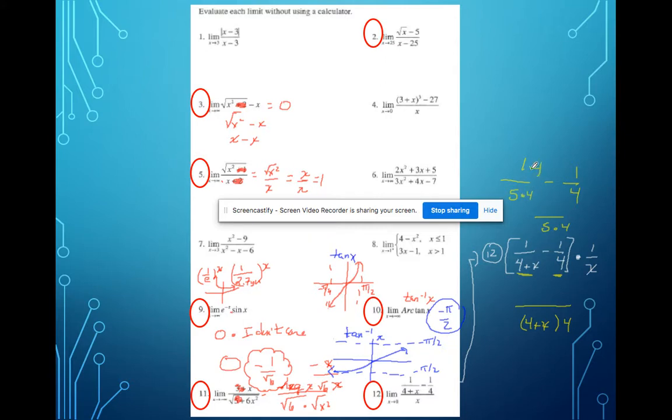Now I have to multiply the numerator. I need to multiply this numerator by 4. Well, 1 times 4 is 4, and just like over here, you would multiply this one by 5. I am multiplying this numerator by 4 plus x. And remember, I'm still multiplying by 1 over x. So 4 minus 4 minus x, which just gives me a negative x.